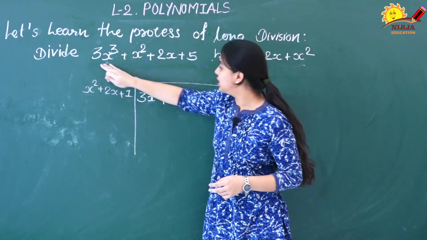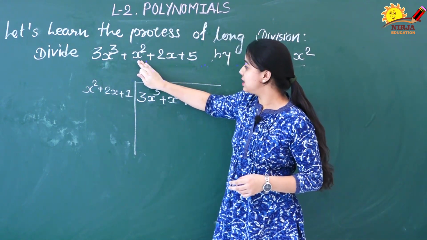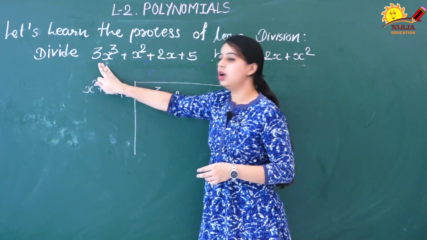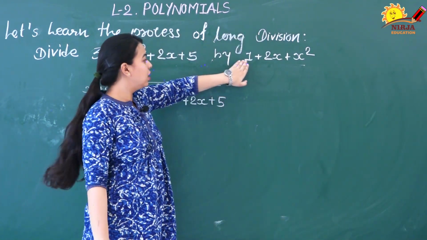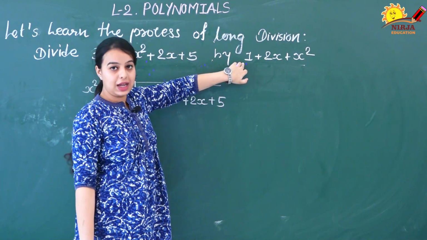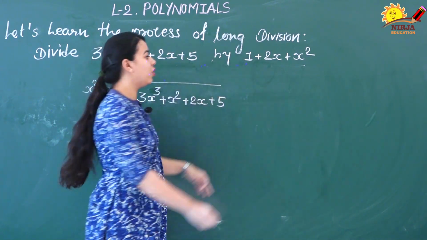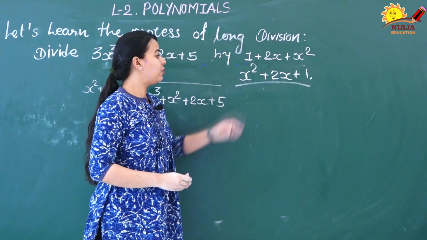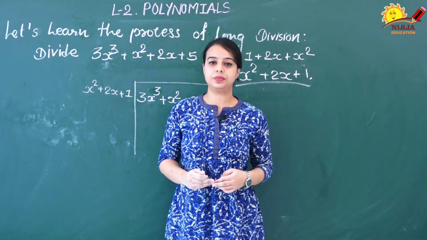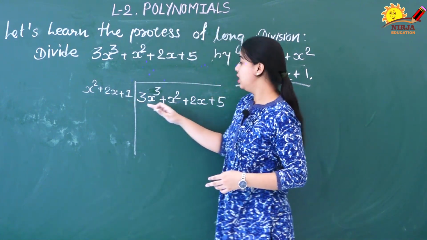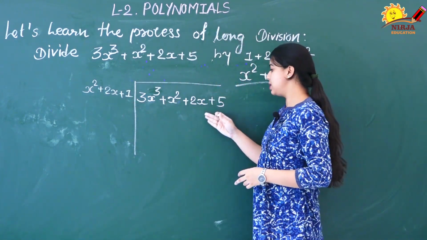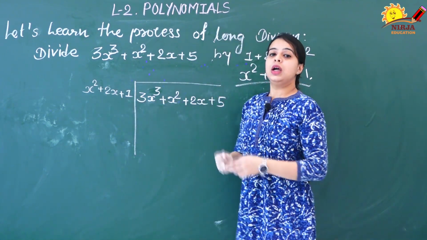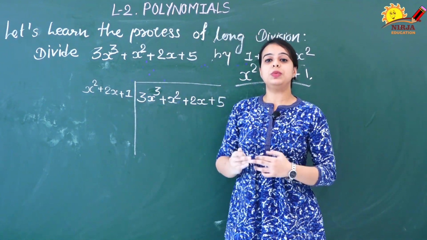If we look at this, x cube plus x square plus 1 plus a constant, this is alright, but here the first term is 1, whereas in standard form we write x square plus 2x plus 1. So our first step is over here. Now let's divide 3x cube plus x square plus 2x plus 5 by x square plus 2x plus 1. My dear students, now you need to be very careful.